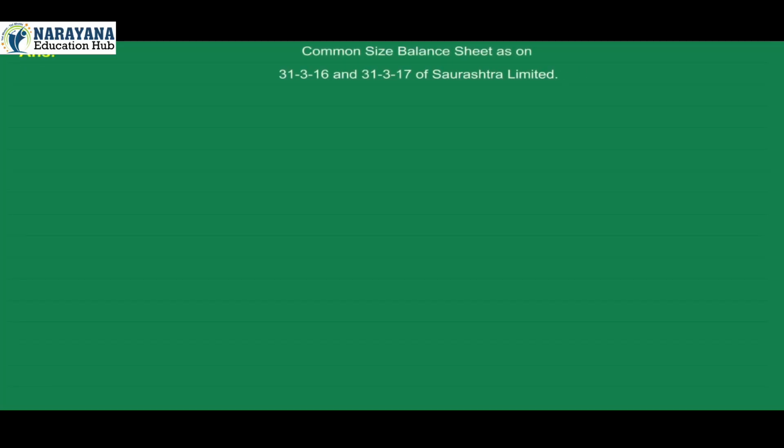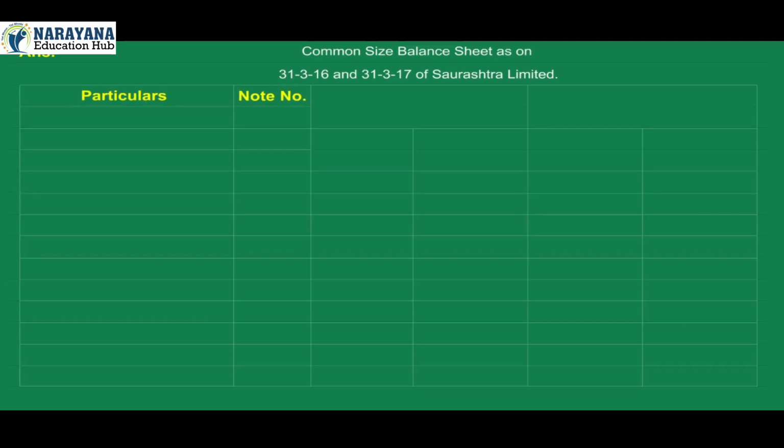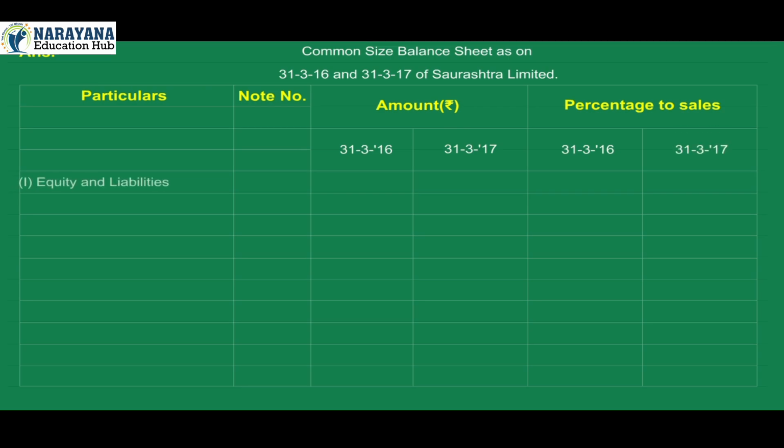Common size balance sheet as on 31st March 2016 and 31st March 2017 of Saurashtra Limited. Particulars, note number, amount, 31st March 2016, 31st March 2017. Percentage to sales, 31st March 2016, 31st March 2017. Number 1. Equity and liabilities.